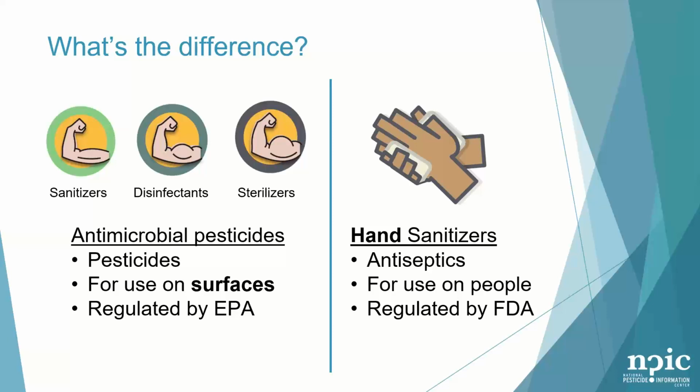And the importance here is that even if they share common active ingredients, antimicrobials, disinfectants, they're not approved for use on the skin. And that means that they haven't been evaluated for their risk to people of getting that chemical on their skin. They've only been evaluated for their risk on surfaces. And the assumption is that users read and follow the label directions, which probably tells them to avoid contact with skin. So the assumption is that there's not a whole lot of skin surface contact going on.